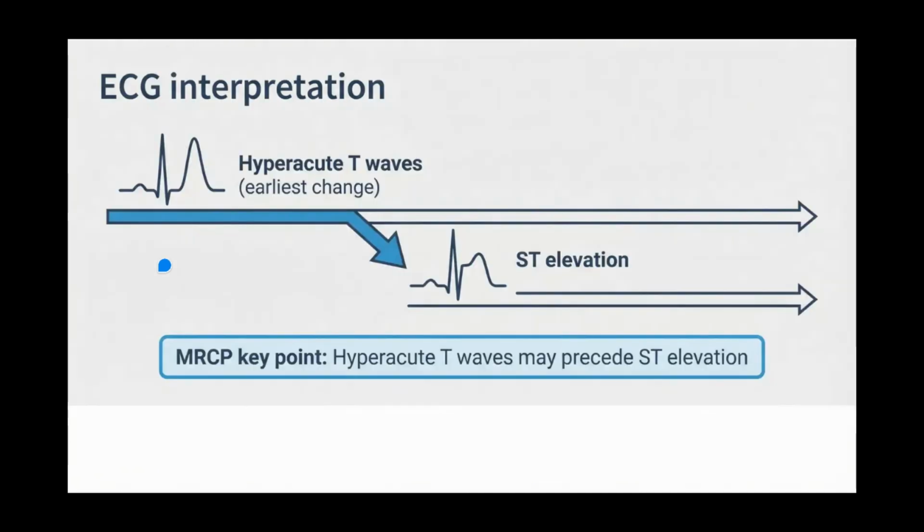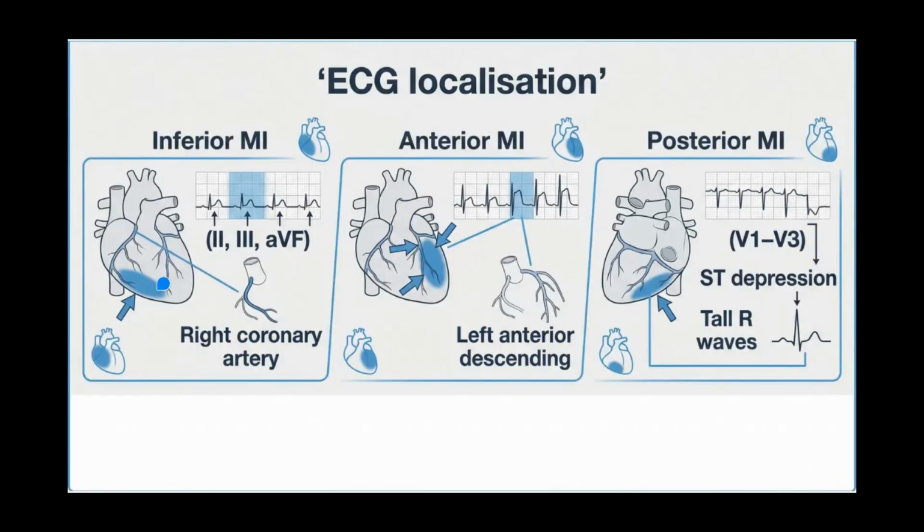Hyperacute T waves are often the earliest ECG change in ischemia and may precede ST elevation. This has been tested directly in MRCP. ST elevation in leads 2, 3, and aVF indicates an inferior myocardial infarction, usually due to right coronary artery occlusion.